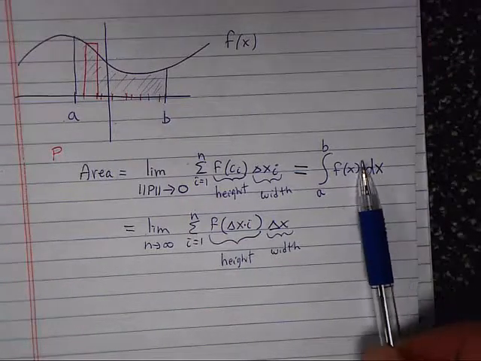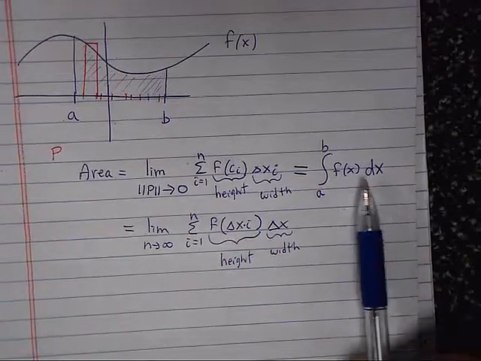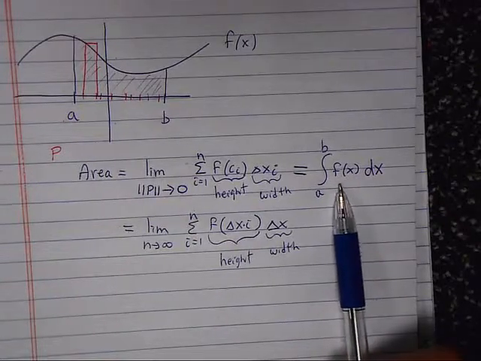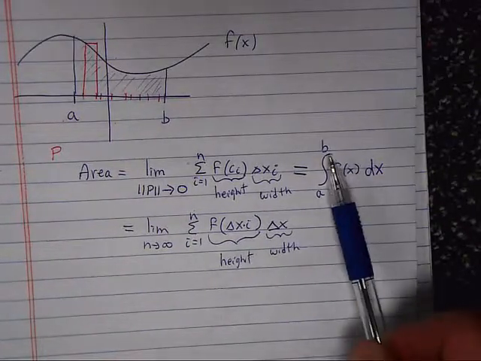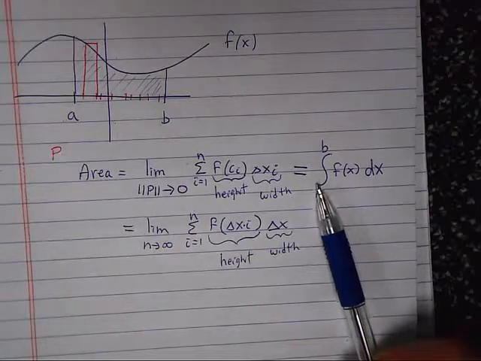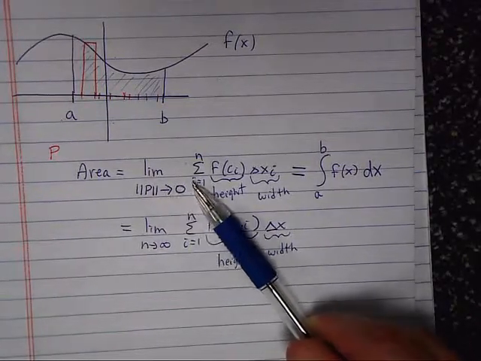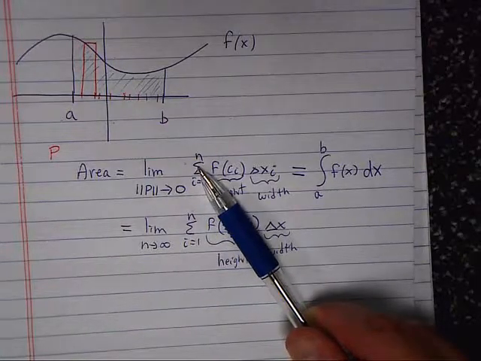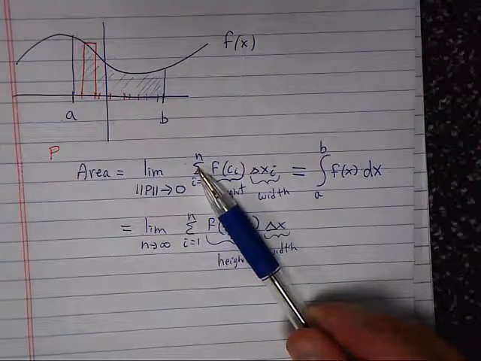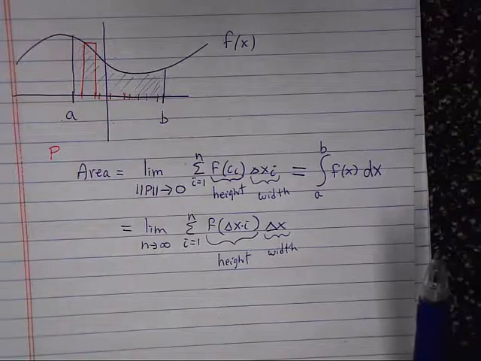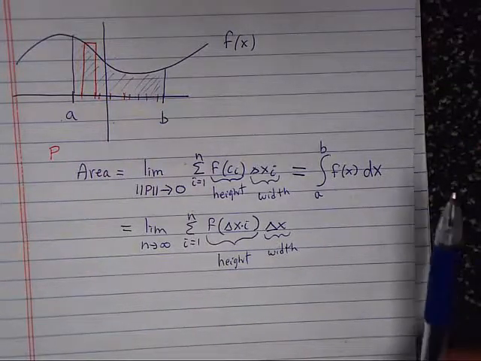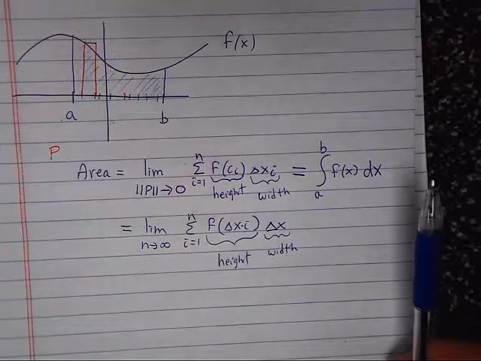So this is the width of the rectangles. This f of x is the height of the rectangles. And this integral symbol is a shorter way of writing limit as p goes to 0, sum i equals 1 to n. An integral combines a limit with a summation.